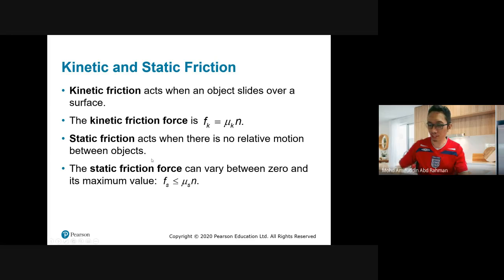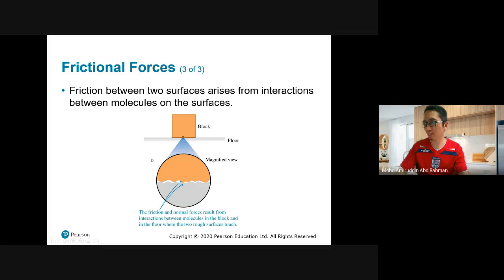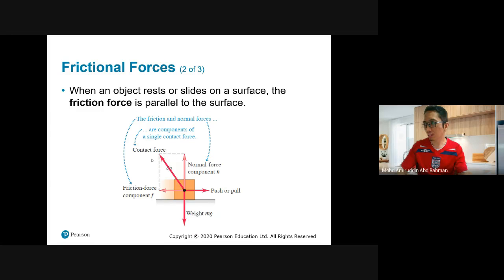So the friction is the one that is reverse to the force. If you look at the slide, the friction is reverse to the push or pull force.